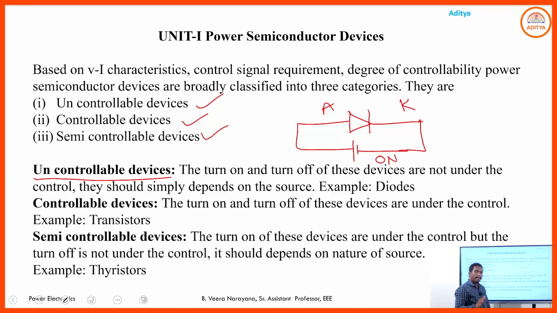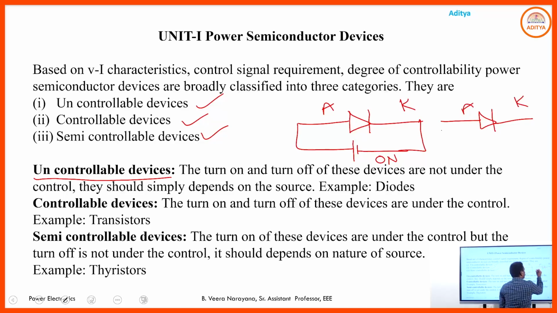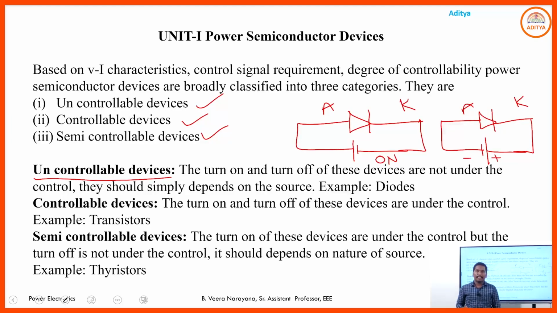And in the next case, with the same diode, here we have anode, here we have cathode, we just reverse the biasing of this diode. Here the anode is made negative with respect to the cathode, then the diode is in the reverse biasing mode. So here we treat the diode as being in the off state.